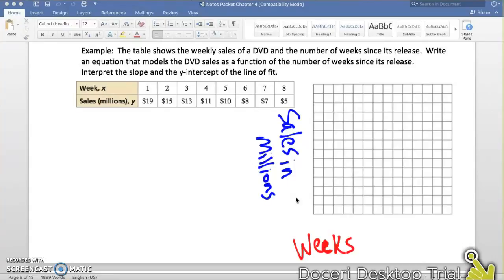All right, so our weeks, our x-axis, just goes up by 1. So 1, 2, 3, 4, 5. Just going to do 5 million.